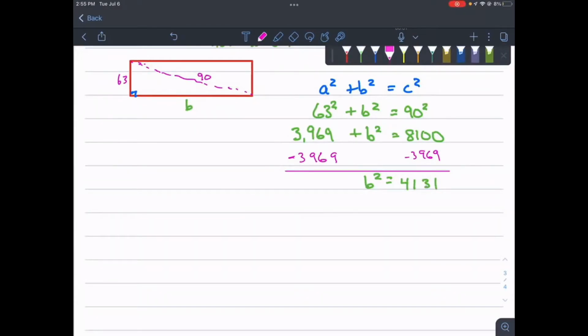And then remember, we want to ultimately know what B is, so we need to get rid of this 2 here. So we'll square root both sides. That gets rid of the 2. And we're left with B equals whatever the square root of 4,131 is.